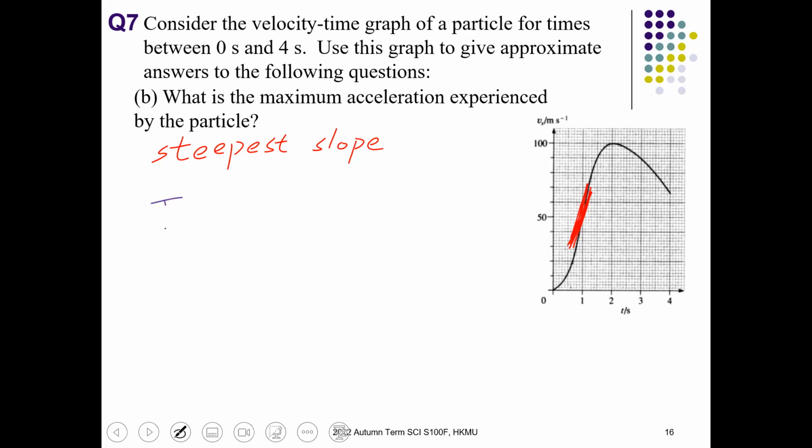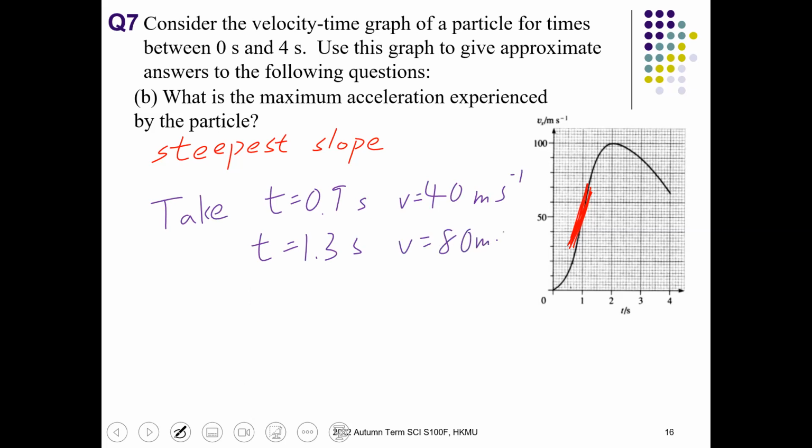For example, I take 2 points at t equals 0.9 and t equals 1.3. At these 2 points, I get v equals 40 and v equals 80 meters per second respectively.